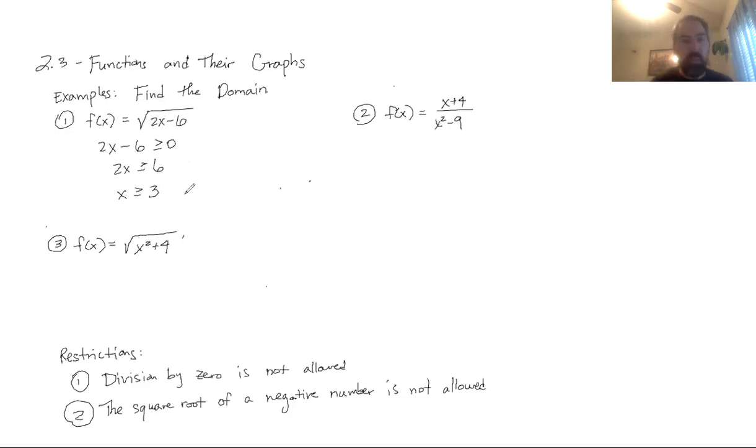And when we're writing our domain, we want to write this in interval notation. If that's something you're not familiar with, we have 2 numbers. The first number is where the domain starts, and the second number is where the domain stops.